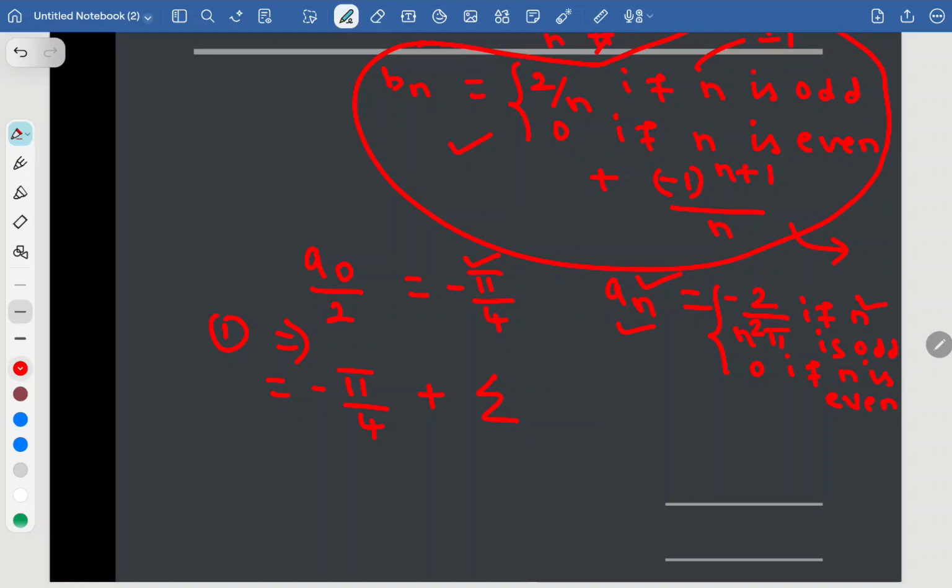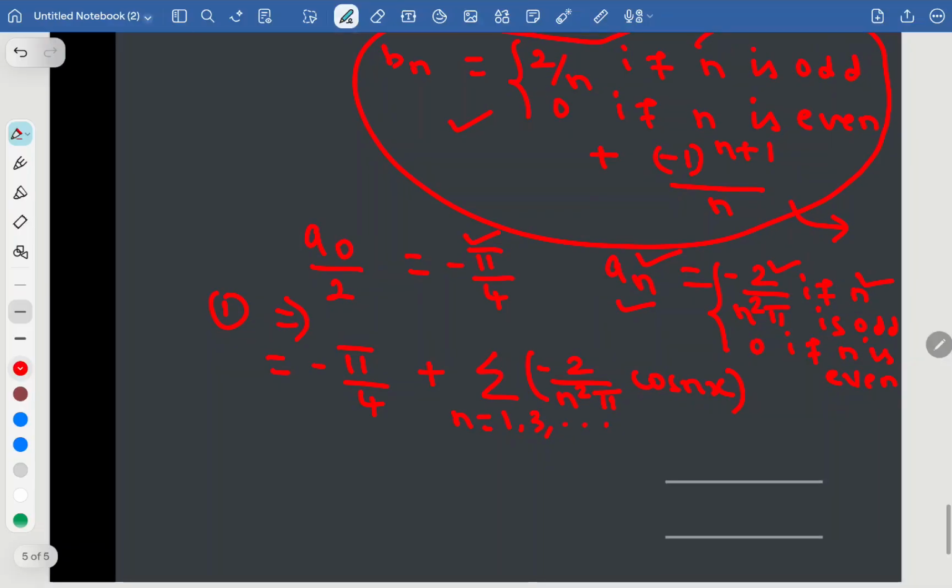Only for n is odd we have the value minus 2 by n square pi. Therefore write n equal to 1, 3, dot dot dot, because summation consists of both even and odd. I am writing only odd because for n is even case, an is 0. An value minus 2 by n square pi cos nx.